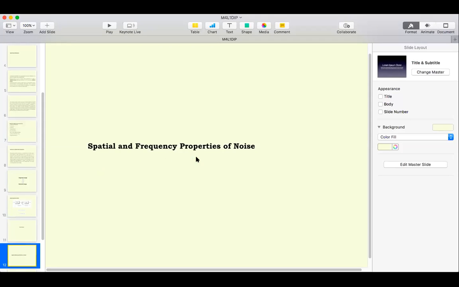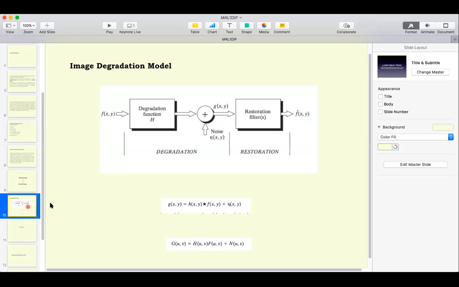Now spatial and frequency property of noise. As we have seen here, this is the equation of the spatial domain degradation and this is the frequency domain degradation equation. Obviously this is the spatial domain noise modeling and this is the frequency domain modeling.